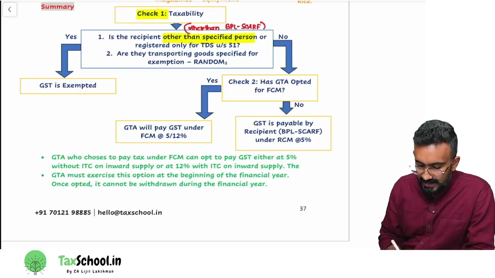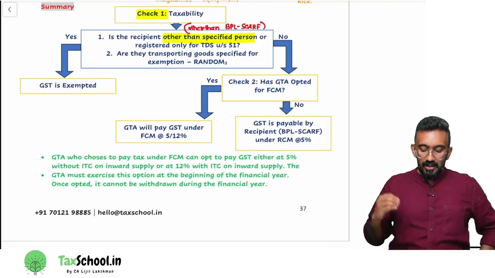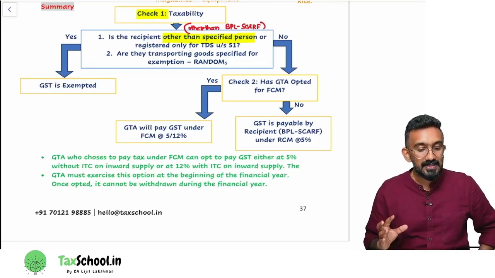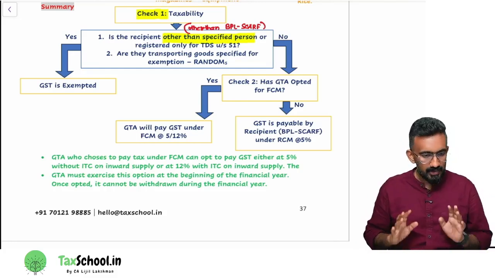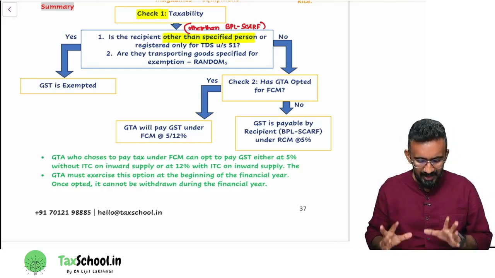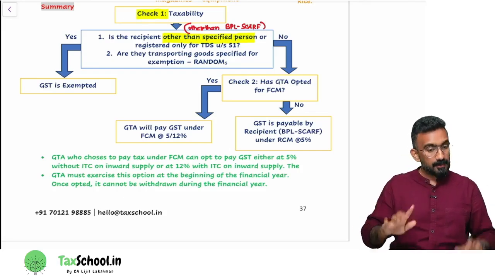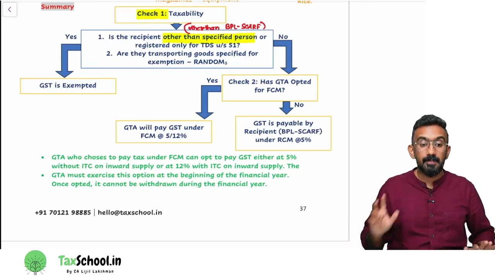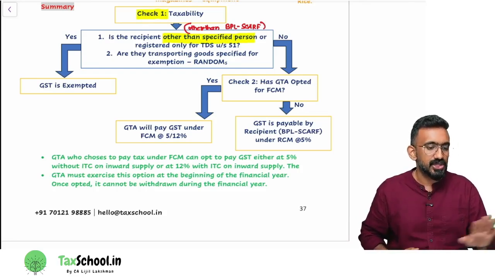It could be an unregistered individual, unregistered HUF, or if some government department is the recipient, registered only for TDS. Then GST is exempted. Or the recipient is BPL scarf, but I'm transporting random 5, then also freight is not subject to GST.